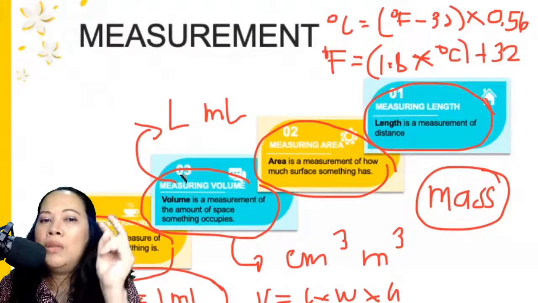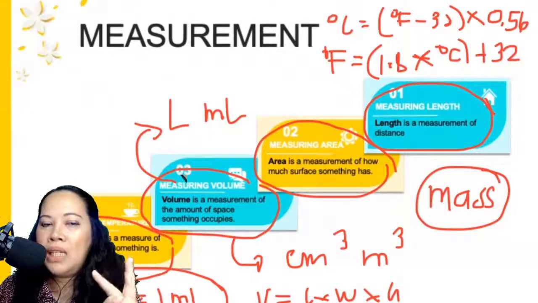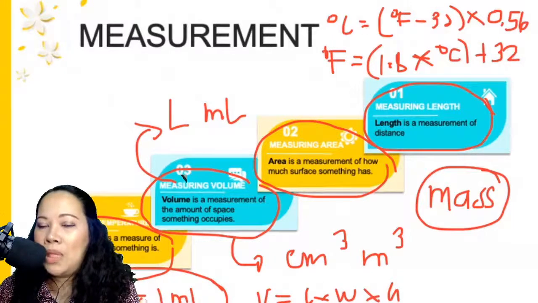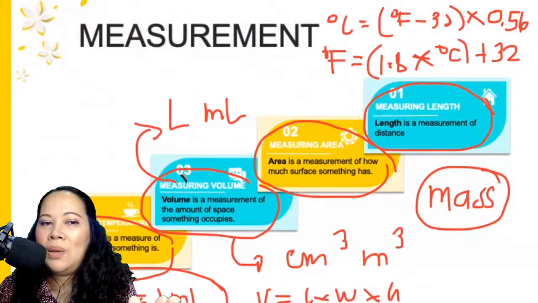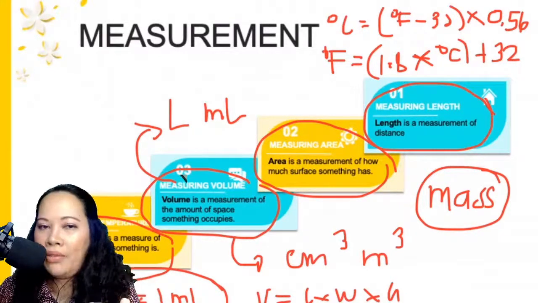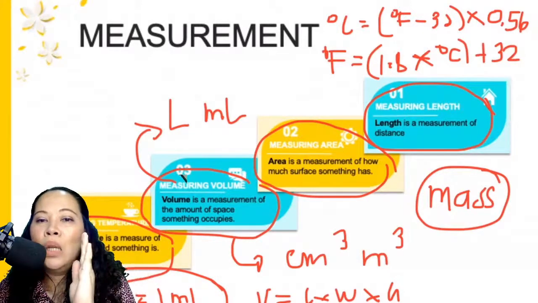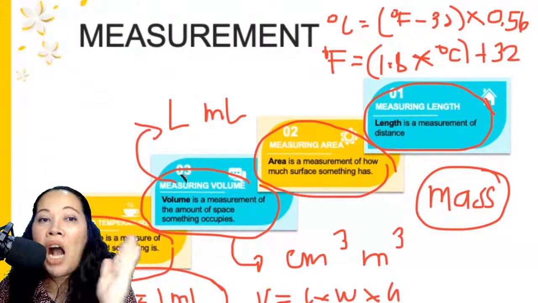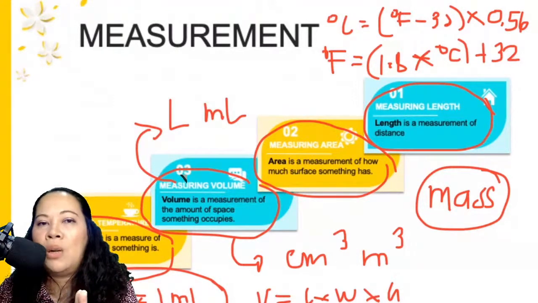But the ones that are commonly used, as I have mentioned, are Fahrenheit and degree Celsius. Kelvin also describes temperature, but the only thing with Kelvin is that it has a 0 Kelvin. When we talk about 0 Kelvin, that is absolute absence of hot or cold. So that means there is no temperature at all.